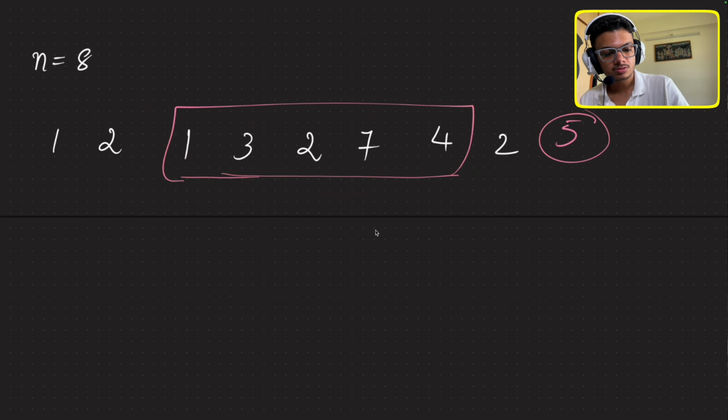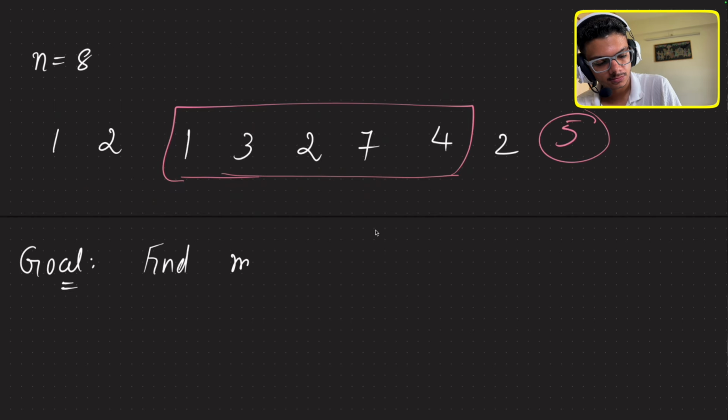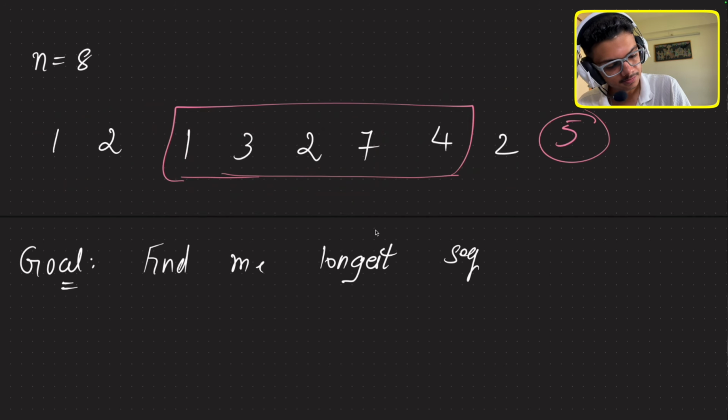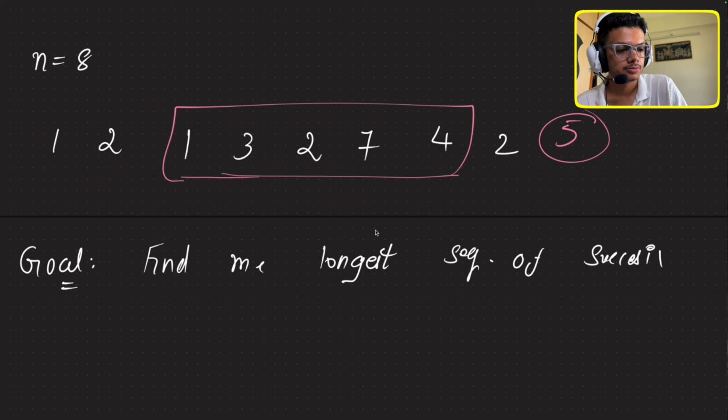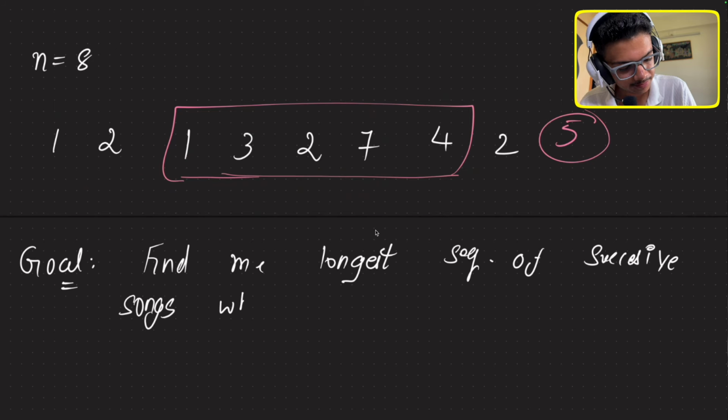Fine. Now if you look at this question, what is this question asking you? Find me the longest sequence of successive songs where each song ID is unique, right?